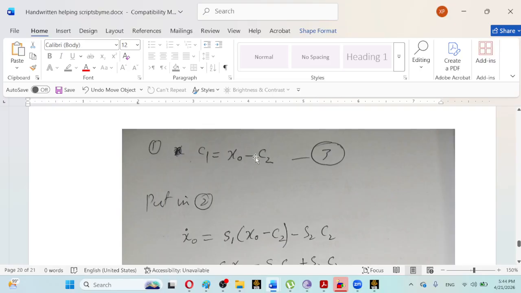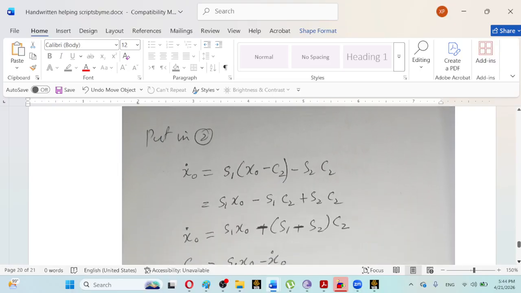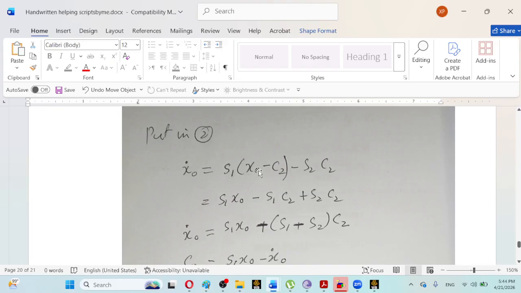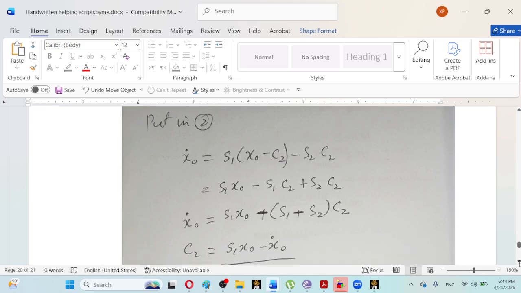So put this in equation number 2, so x dot naught is s1 into x naught minus c2, like this you can observe here. Remember here it must be the plus sign, which has been mistakenly written here. So s1 x naught minus s1 c2 plus s2 c2, so here must be plus which has been mistakenly written.